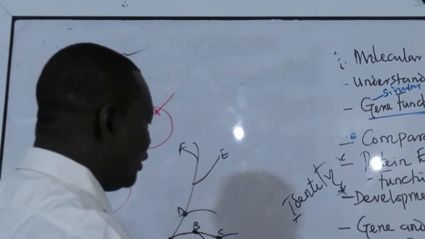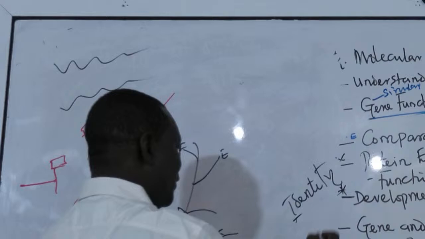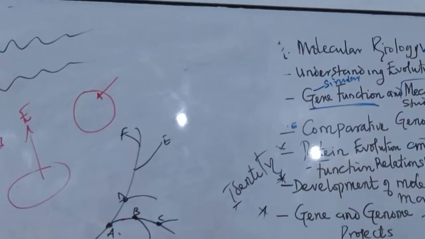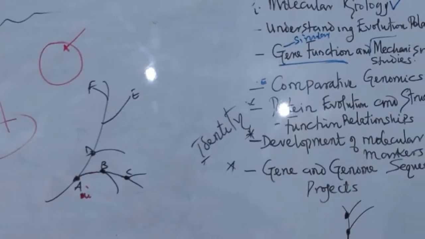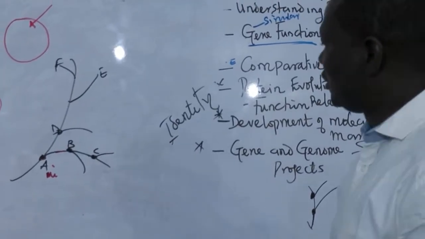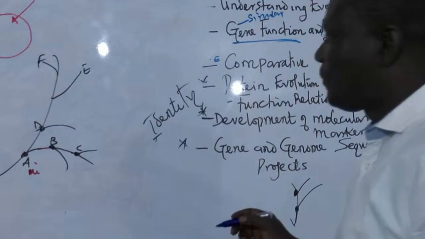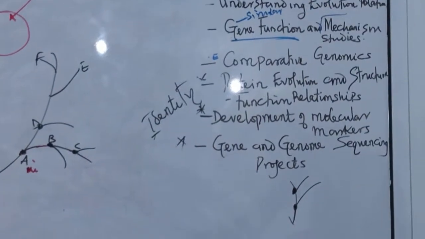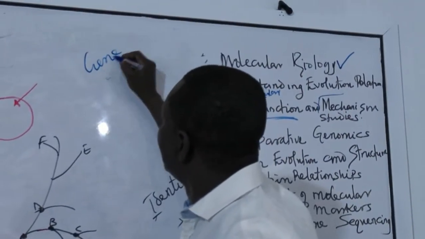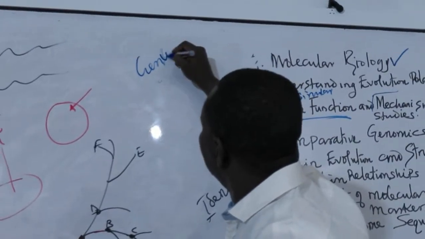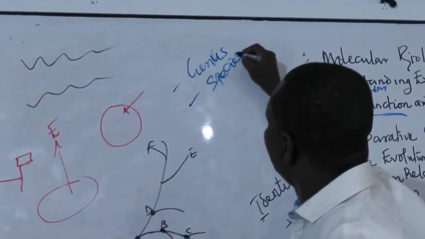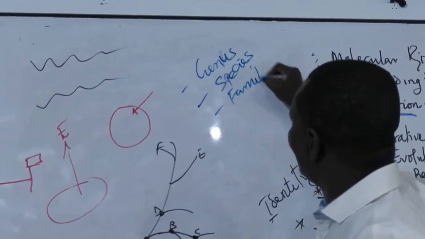And the last point that we are going to discuss today is gene and genomic sequencing projects. I told you the phylogenetic tree will help us to understand the relatedness between genus, species, and family, that is, the taxonomic hierarchy.